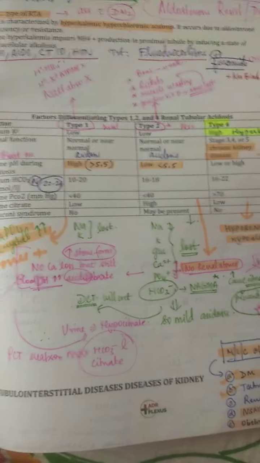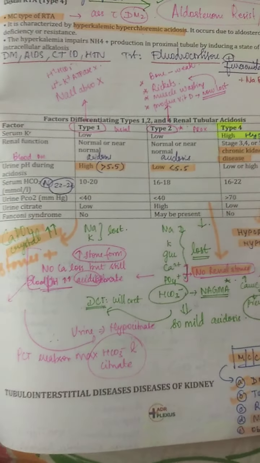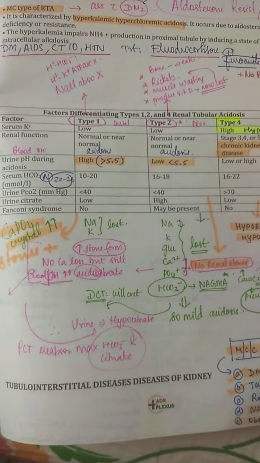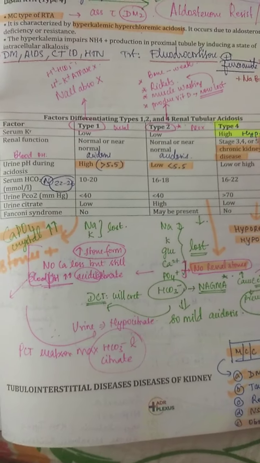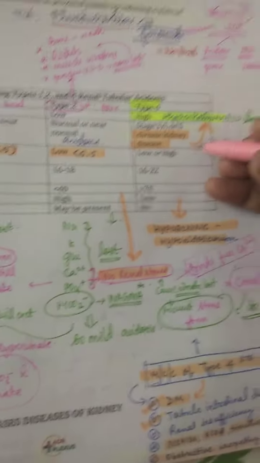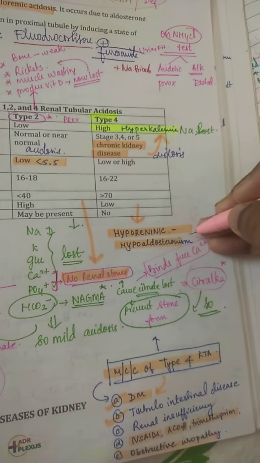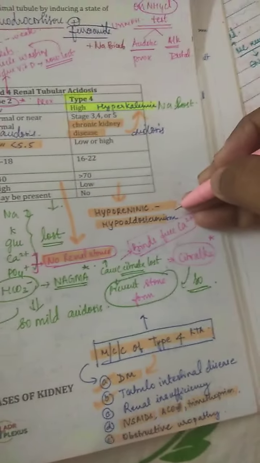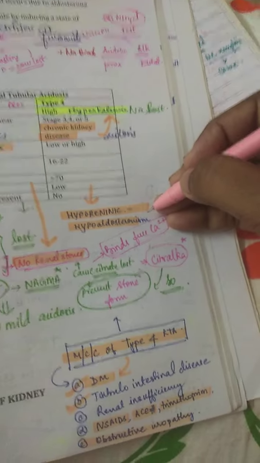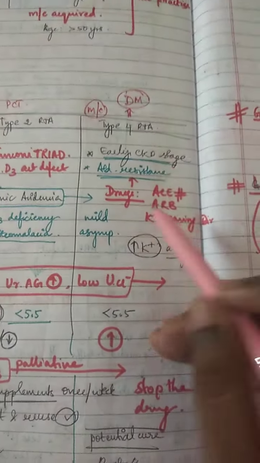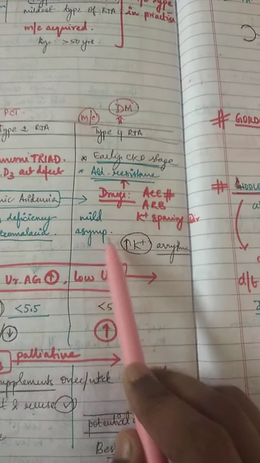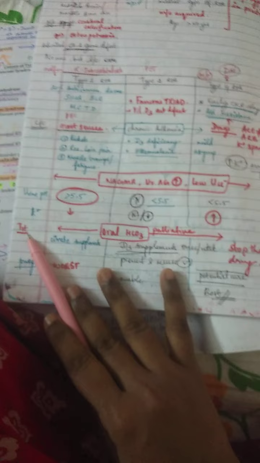The bicarb will be normal, citrate will be low, Fanconi syndrome. So it's an example of hyporeninemic hypoaldosteronism. This is early CKD, aldosterone resistance. You have a lot of arrhythmia in these patients, the urinary pH will be less than 5.5, and potassium will be high.